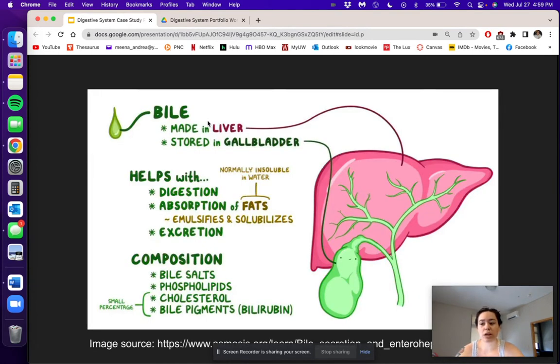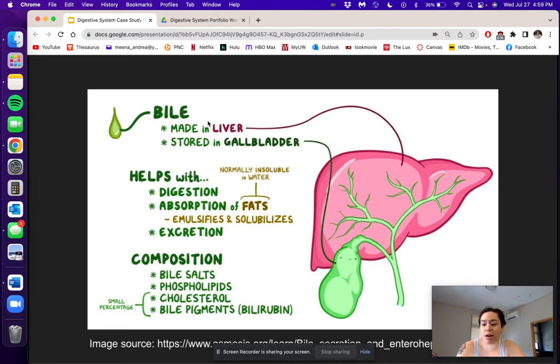So normally, the liver, the pancreas, and the intestine produce secretions that aid in digestion. Some of these secretions include digestive enzymes, bile, mucus, and isotonic sodium chloride solution. But here we're going to talk about bile.